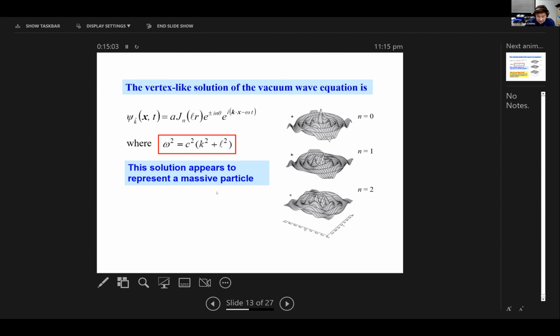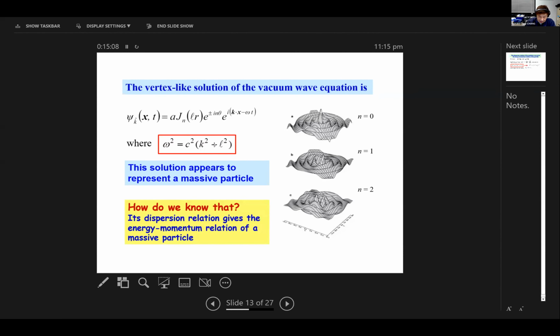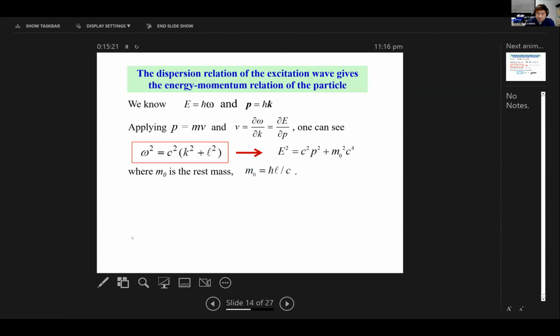We think that this dispersion relation suggests that it is representing a particle with rest mass. And how do we know that? We know that because this dispersion relation gives the energy-momentum relation of a massive particle. This can be shown very easily because we know that omega is associated with energy and K is associated with momentum.